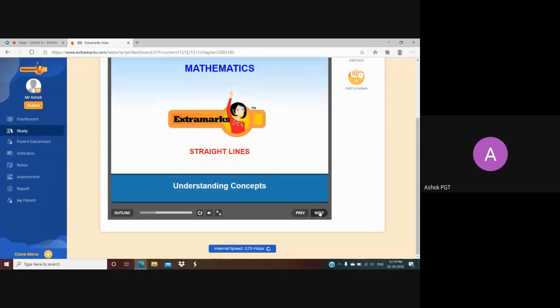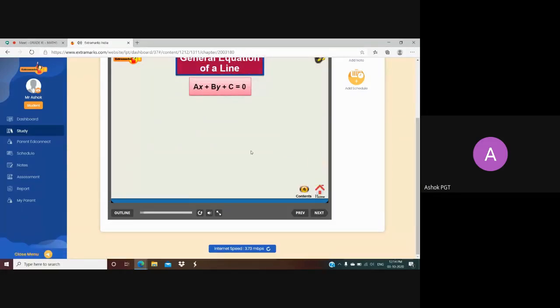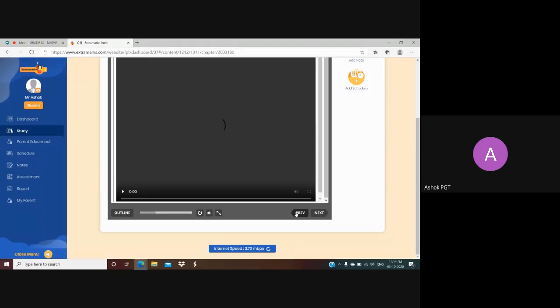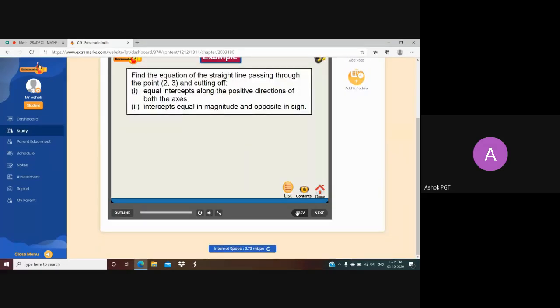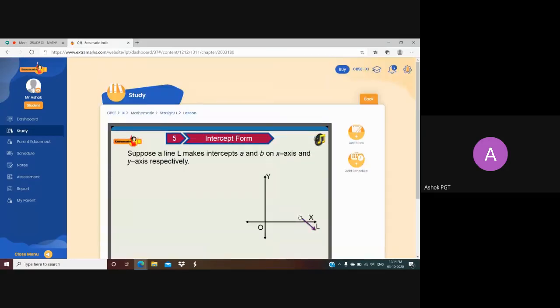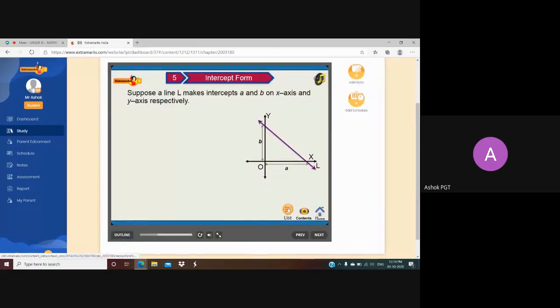Straight lines. In this module, we will first introduce the equation of the form as shown here. Find the equation of the straight line. Suppose a line L makes intercepts a and b on x-axis and y-axis respectively.